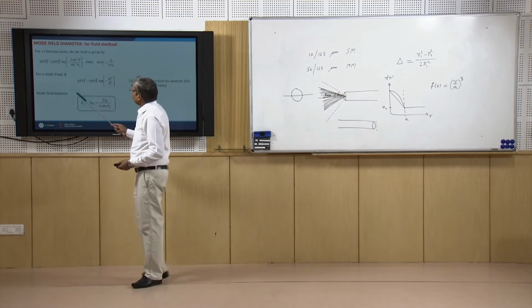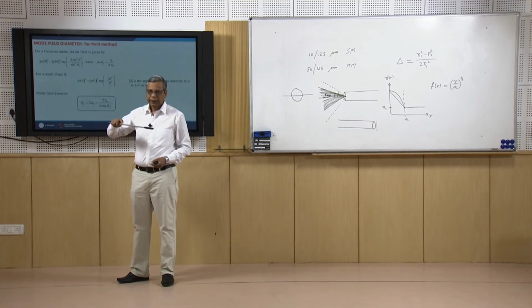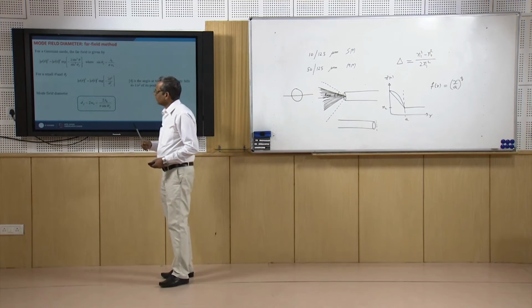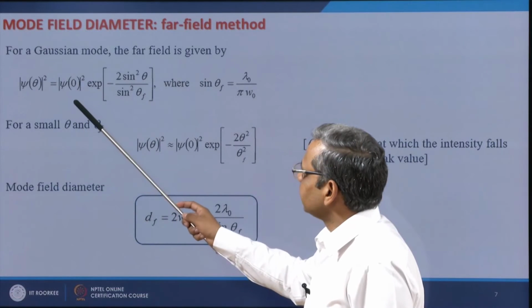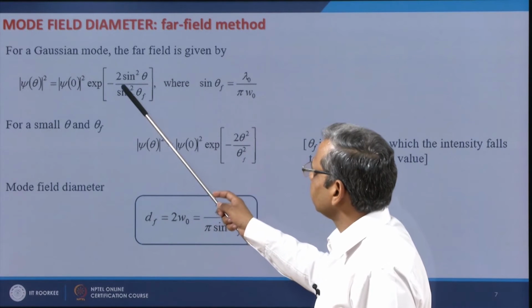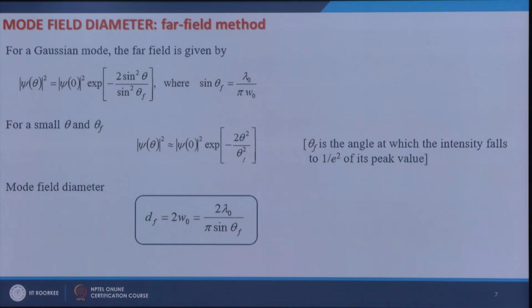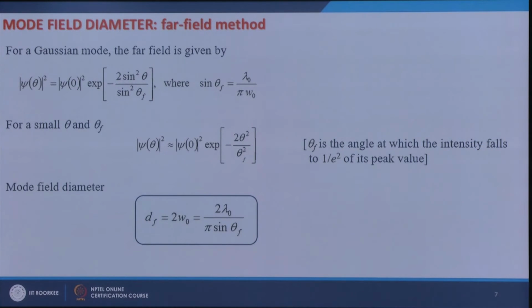So, in the far field, if I scan the intensity along theta, then psi(theta) is given by psi 0 squared exp(-2 sin²theta / sin²theta_f), where sin theta_f is lambda naught over pi w naught.